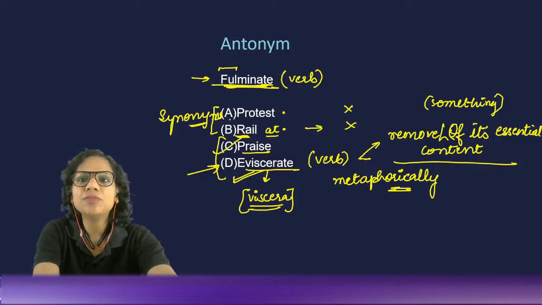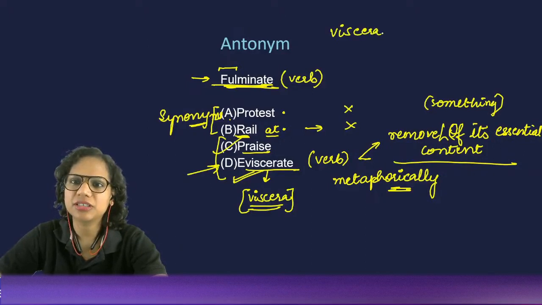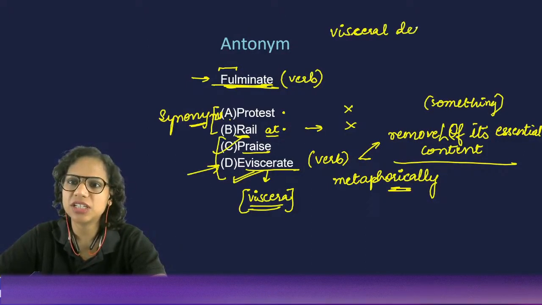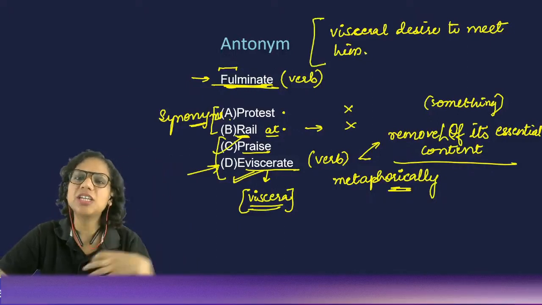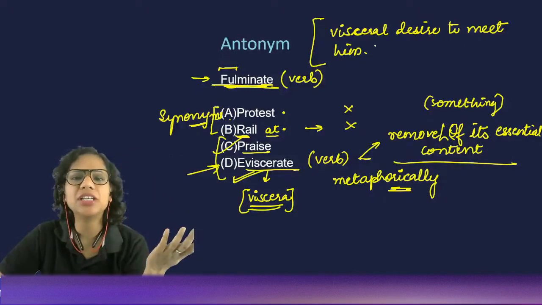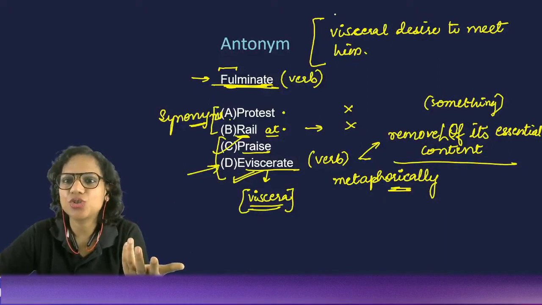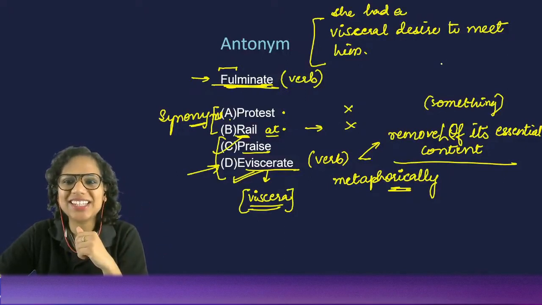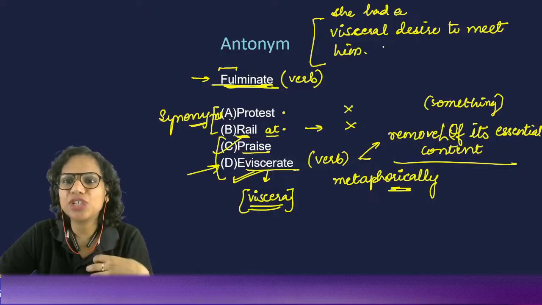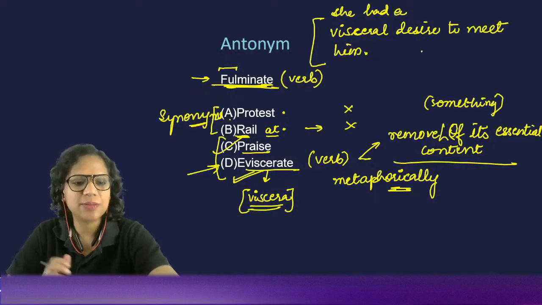If I say, she experienced a visceral desire to meet him, that means it was a very deep-seated feeling in her. It was not related to anything rational, anything intellectual. She just wanted to meet him at that time. So something related to our instincts, our feelings, and not really our intellect, our rationalizing faculties.